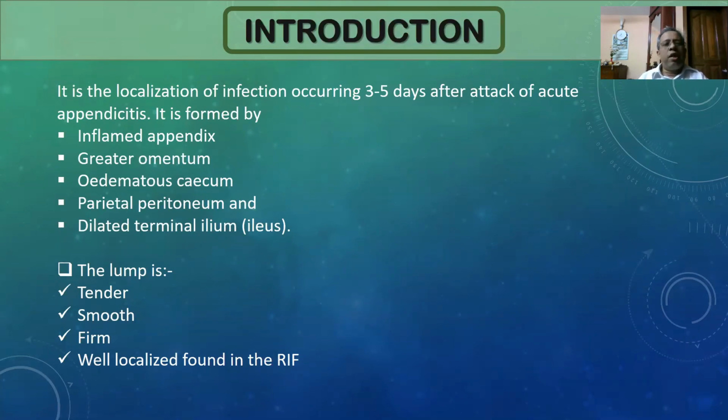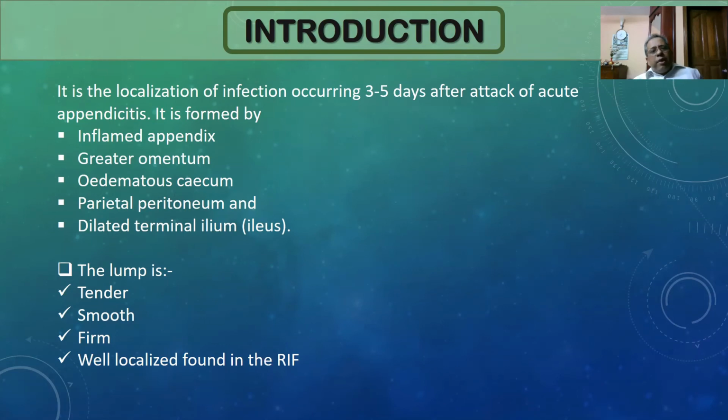Look, it is the localization of infection occurring 3 to 5 days after an attack of acute appendicitis. It is formed by the inflamed appendix, greater omentum, edematous cecum, parietal peritoneum, dilated terminal ileum, and others not written here, which may take part, such as the sigmoid colon, and in females the fallopian tube, ovary, etc.